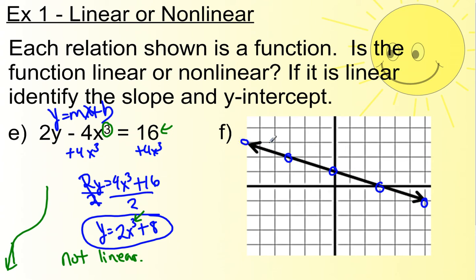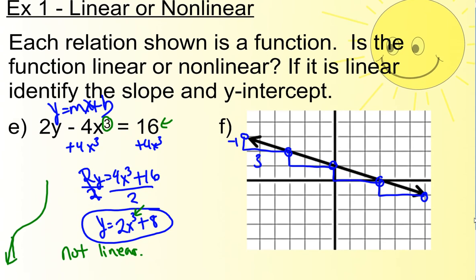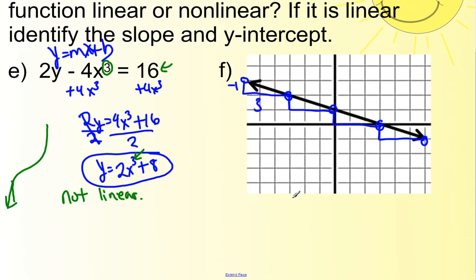The slope looks consistent, down 1 over 3, down 1 over 3, down 1 over 3, down 1 over 3. So the slope is consistent, it's constant, which makes it linear. So I'm going to go ahead and say yes, this is linear. Oh, function, I guess.